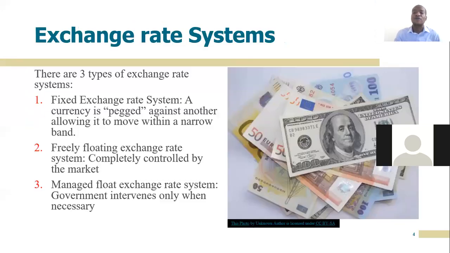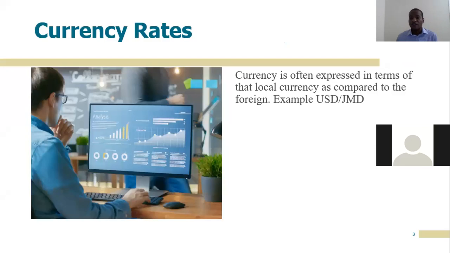So what are currency rates? Usually you'll hear of currency pairs. For instance, USD JMD, that's a currency pair, and that is usually how you express it. Now, what does that mean? All we normally say is the Jamaican dollar is going for 153, but it's really USD JMD.